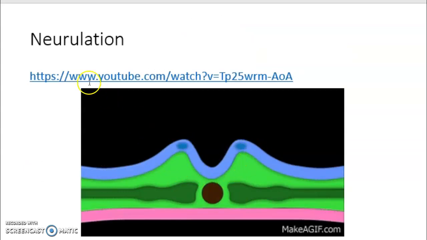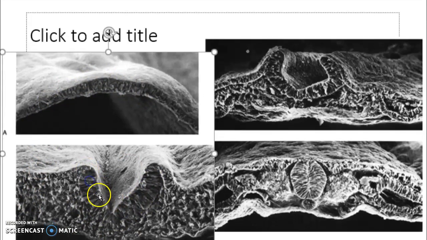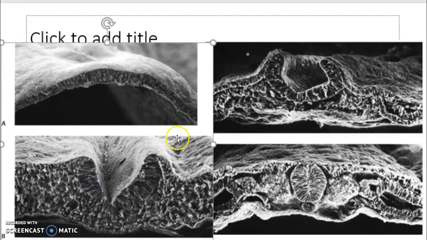This process is called neurulation, where the ectoderm folds over and starts to form what's called the neural tube. This is what happens. Here's that ectoderm layer up here. It folds around, forming this large ridge. That ridge then continues to fold over and then fuses, and then the inner layer forms a tube, which looks somewhat like this, and this is what becomes your spinal cord.